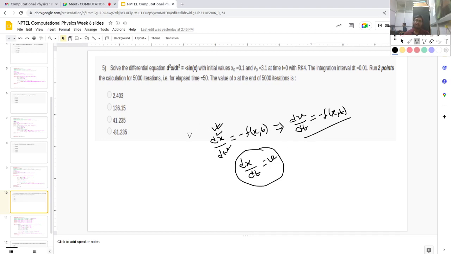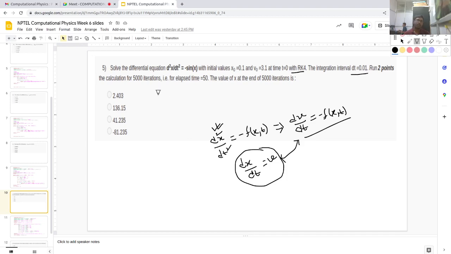Now a second order differential equation reduces to two first order equations coupled with each other. So how are we going to solve them? We can solve them by Euler, modified Euler, improved Euler also, but as per the question this is to be solved by the RK4 method, and here we have to take the integration interval to be 0.01.